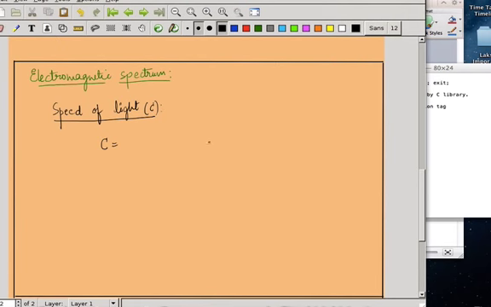We just saw that the velocity of any wave can be given as c, and usually this letter c is used majorly for the speed of light.